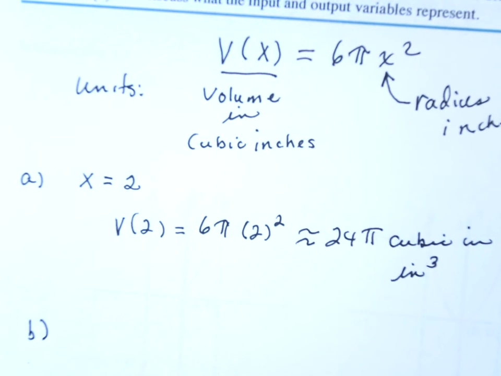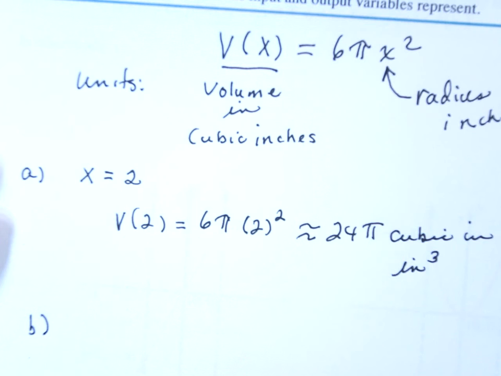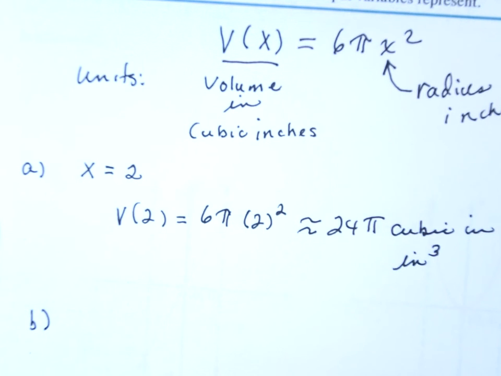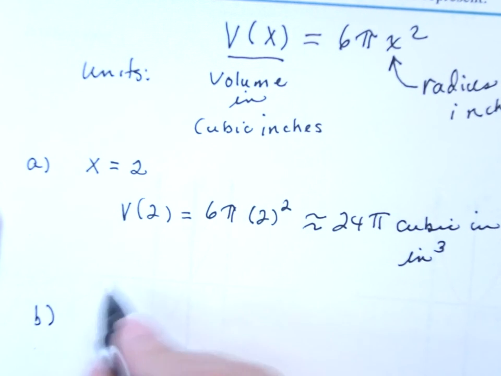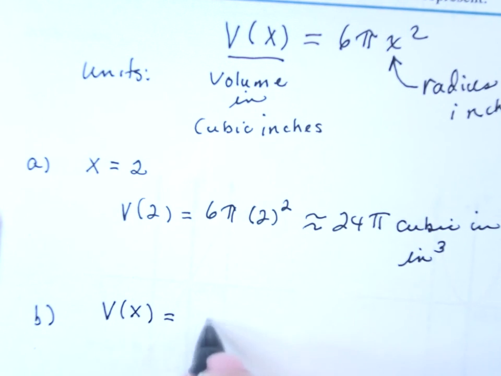Part B says, find the inverse and discuss what the input values are. Well, let's see. To find the inverse, the process: V of x is equal to 6 pi x squared.